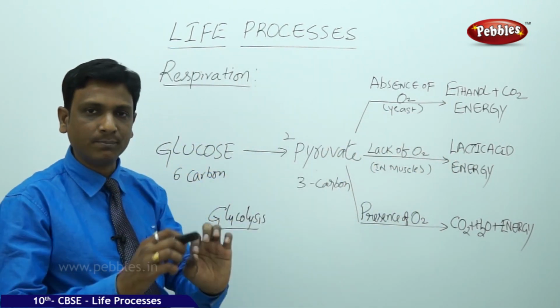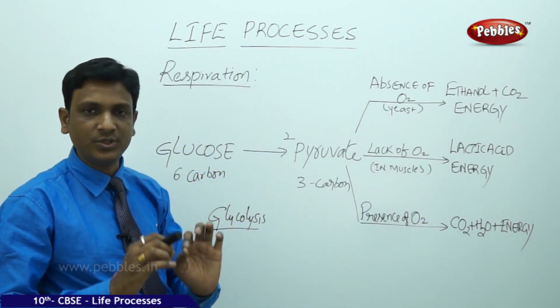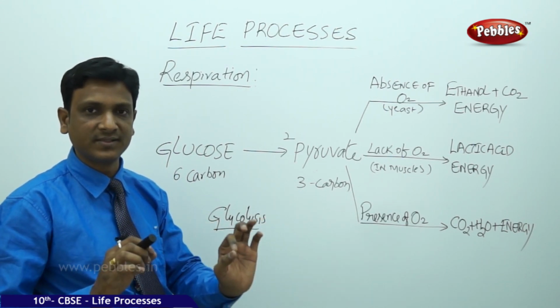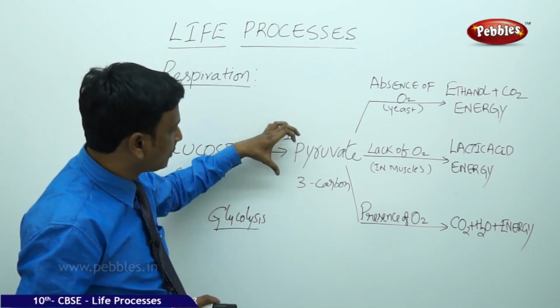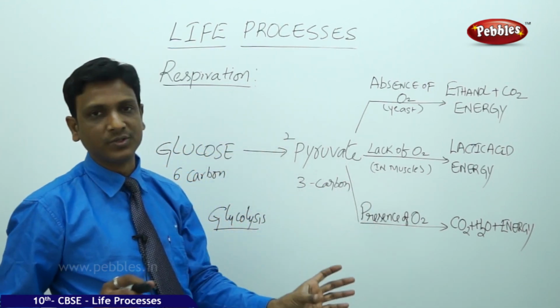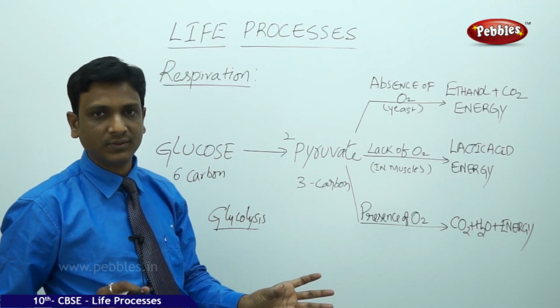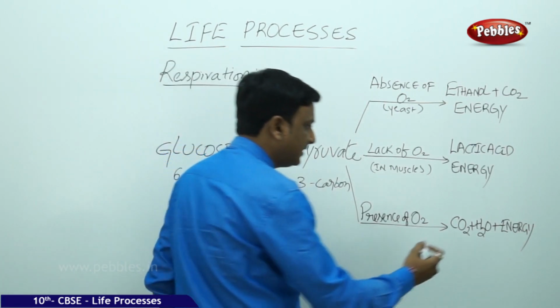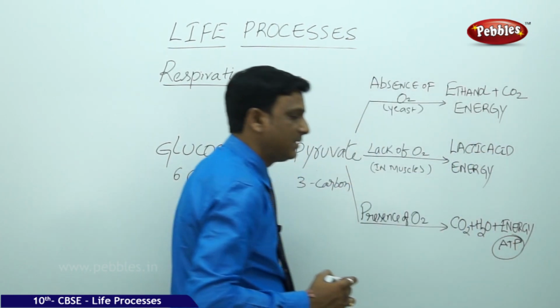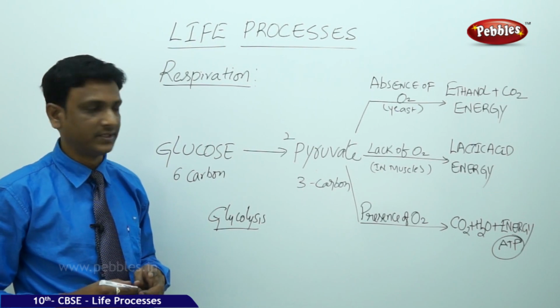The molecule is completely utilized, simple substances like carbon dioxide and water are released, and the total energy present in the pyruvate is released. The energy is released in the form of a molecule called ATP, adenosine triphosphate.